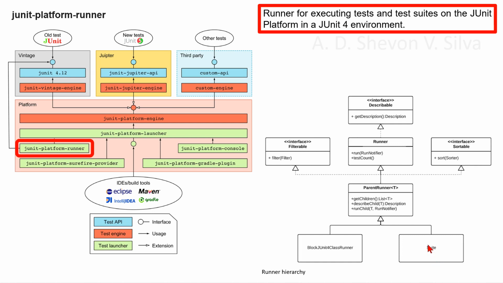Other than what was mentioned, the class hierarchy contains two interfaces declaring filtering and sorting capabilities implemented by ParentRunner. Here Runner implements the Describable interface, and ParentRunner<T> implements Filterable and Sortable, and extends Runner.